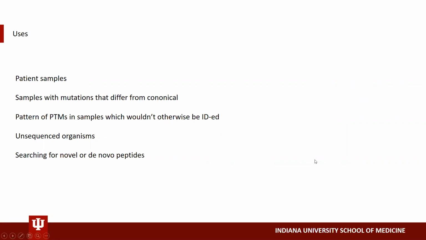So this was a pretty expensive piece of software, but we think it will be really useful with specifically patient samples, samples with mutations that may differ from a canonical database sequence, any set of samples where there's a set of PTMs that might not be otherwise identified, especially unsequenced organisms.